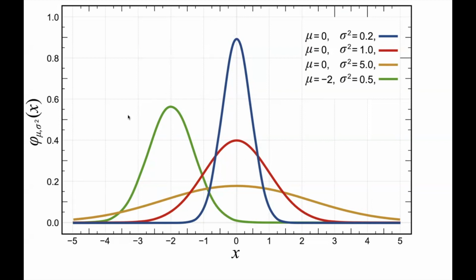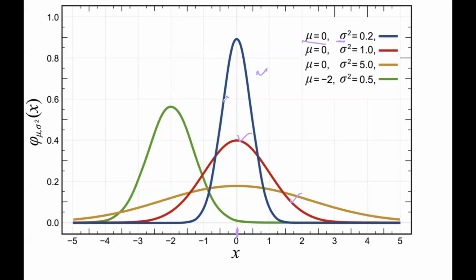Now let's see how the shape of the Gaussian distribution changes as mu and sigma square change. Fine. If you look at these three plots over here, this blue plot, this red one, and this yellowish plot, all of them have a mean of 0. The variance of your blue plot is 0.2.